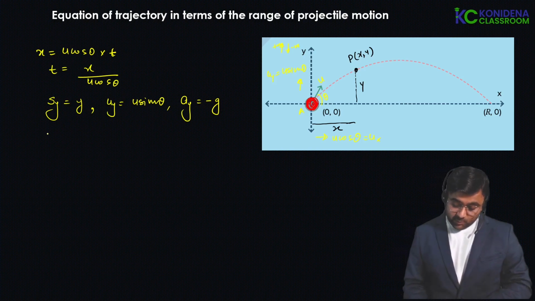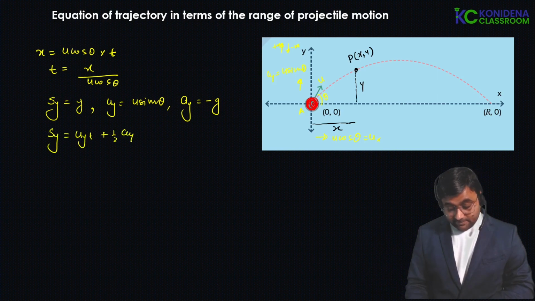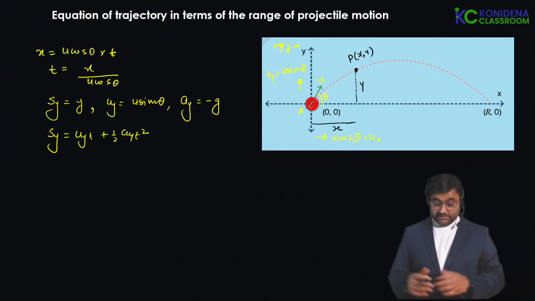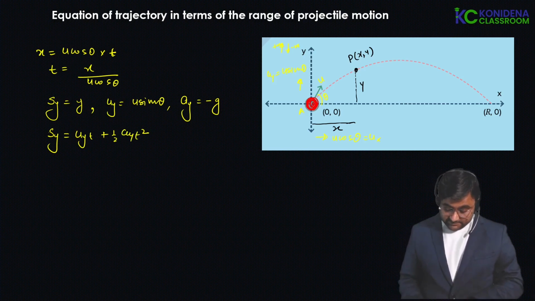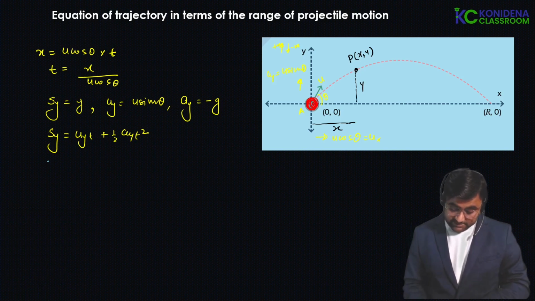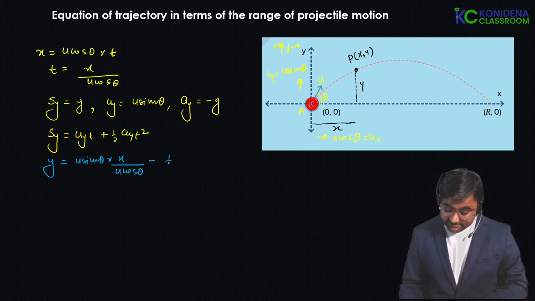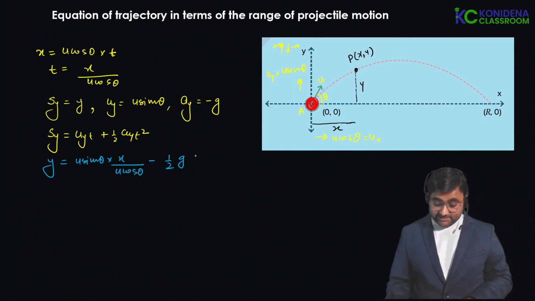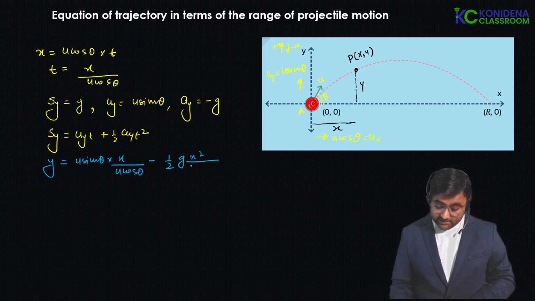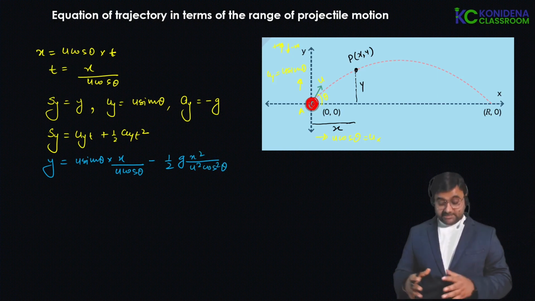If you talk about the equation sy equals uy t plus half ay t square, let us plug in all the values here and see what we are going to get. y is equal to uy, which is u sine theta, times time, x by u cos theta, minus half g t square. T square means x square by u square cos square theta. Okay, so we have this equation.